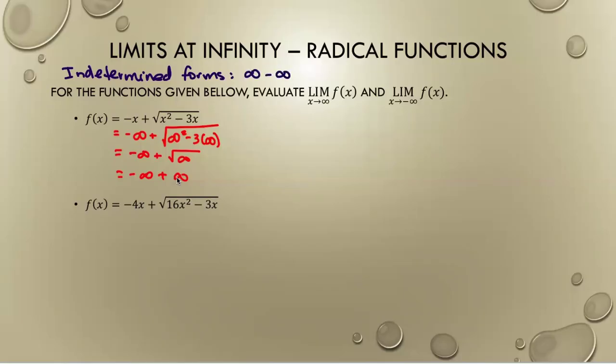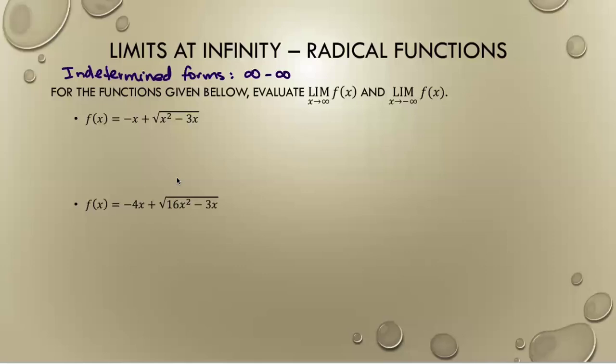When we have one infinity that is positive and the other one is negative, we cannot make a decision about this. So for this first case, just plugging in the infinity won't work, and we will have to manipulate the function algebraically.